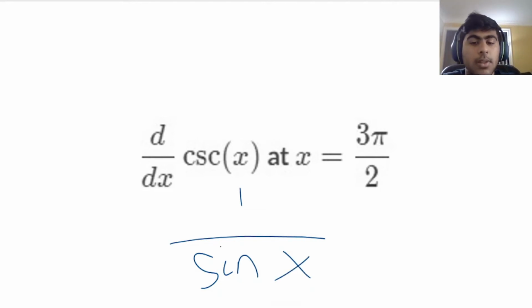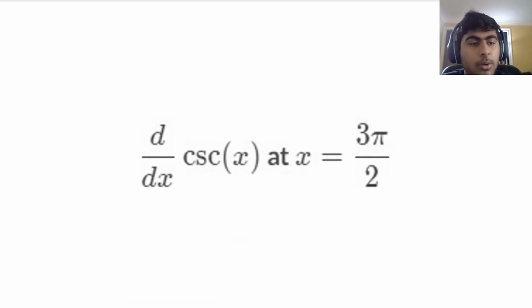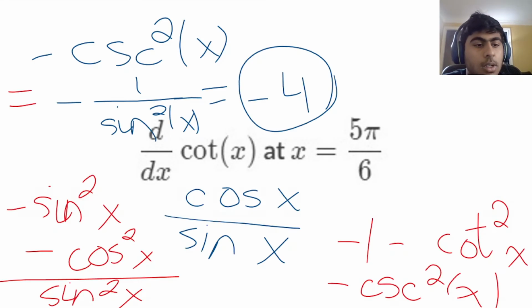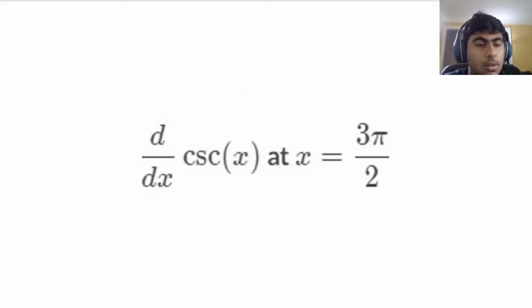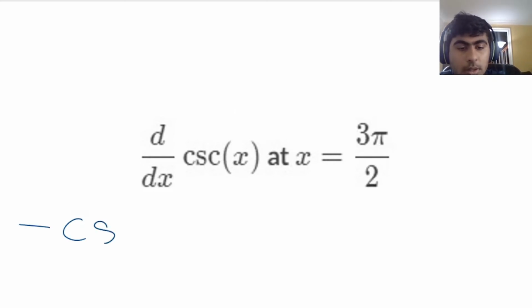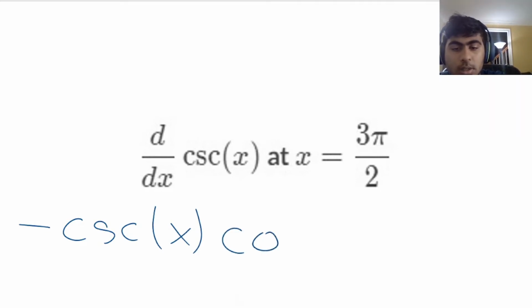And we can do that whole thing, but I'm going to save you the trouble because we already know how to do that, as we've seen in this one. So I'm going to go ahead and tell you that the derivative of cosecant x is going to be negative cosecant x cotangent x.